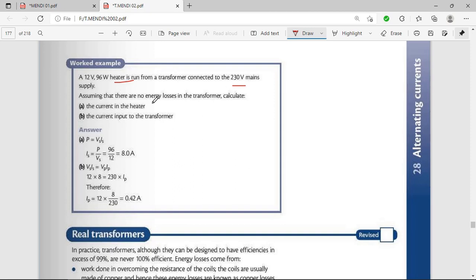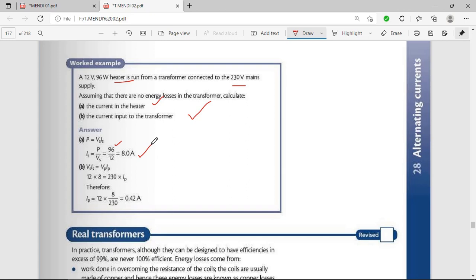Calculate the current in the heater and the current input into the transformer. So from the formula, power equals VSIS, you can find that the current will be power over voltage. Then the power is 96 watts divided by its voltage. That is the current in the secondary coil, which equals 8 amps.